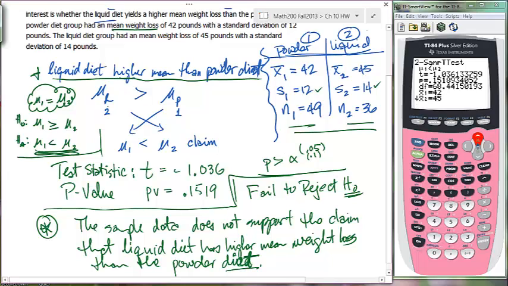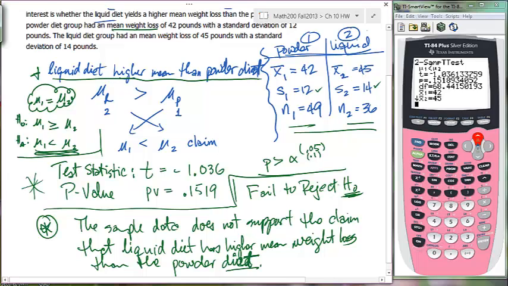So regardless of how we set this problem up or how this problem was stated, we took it into the math world by identifying variables and labeling the variables appropriately. And most importantly, we got our null and alternative hypothesis set up. The whole test was a test to reject or to fail to reject the null hypothesis.